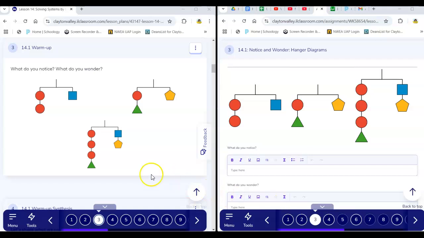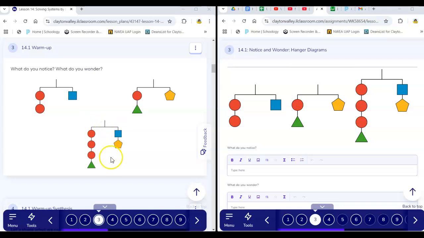Okay? Here you have a mobile. These are called mobile puzzles, and they are in balance. Okay? That means that these two circles equal a blue square, and that a circle and a green triangle equal a pentagon. Okay?